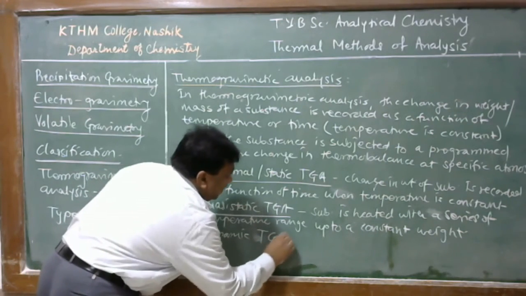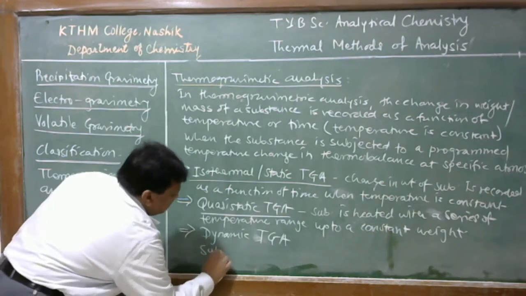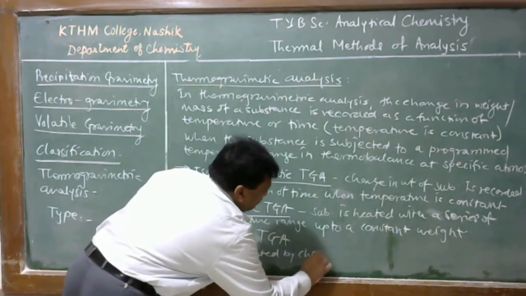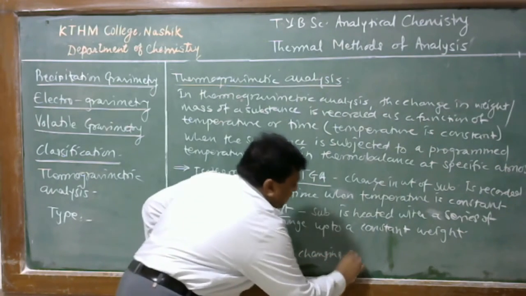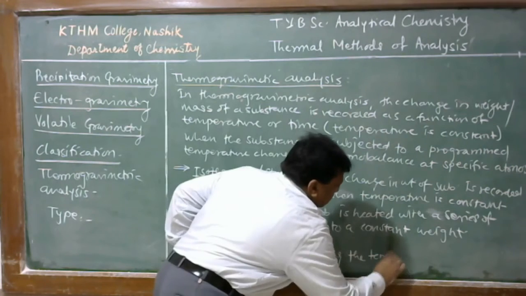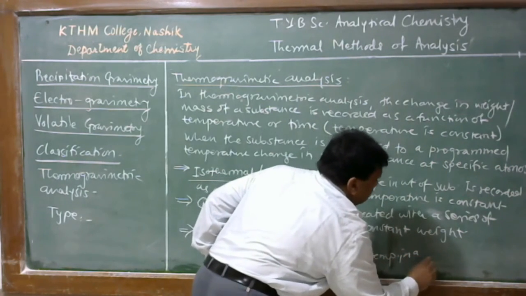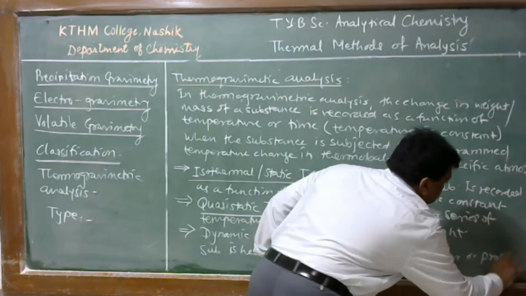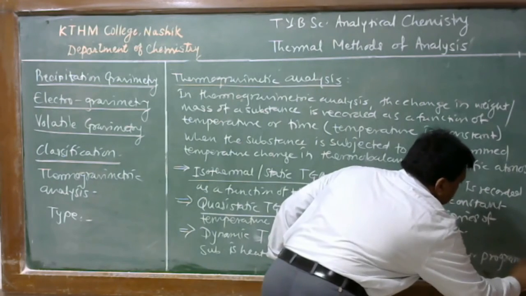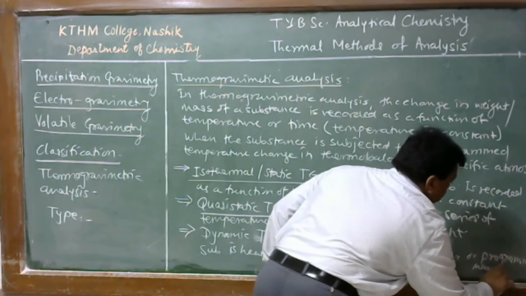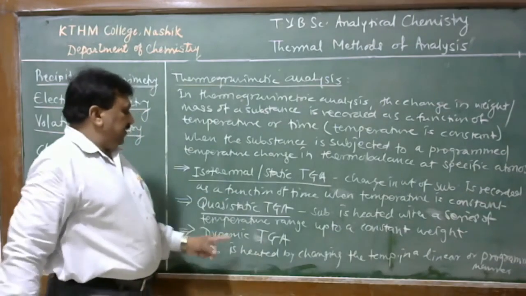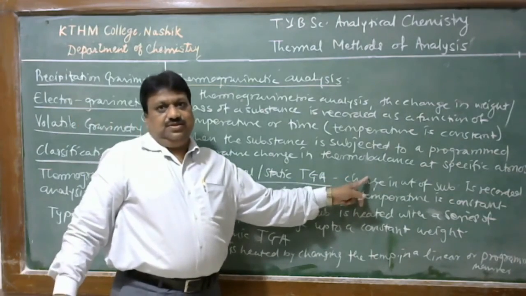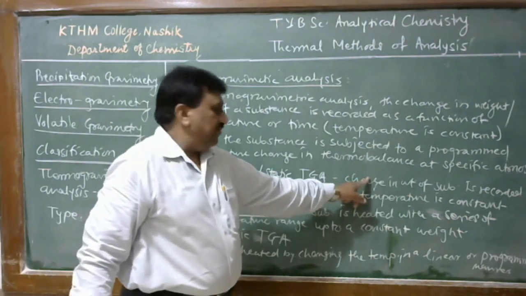In this case, the substance is heated by changing the temperature in a linear or programmed manner. So in isothermal thermogravimetry, temperature is constant and weight is recorded as a function of time.